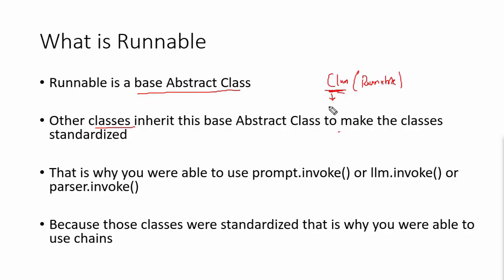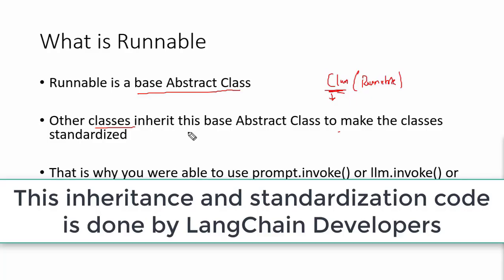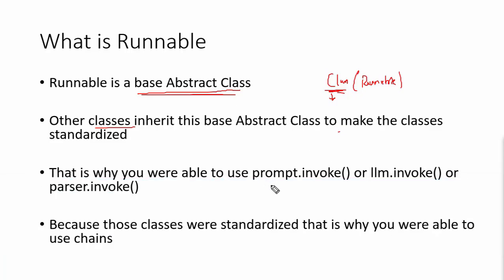All the classes like the prompt template class, the string output parser class, or the ChatOpenAI class have inherited this base abstract class to make them standardized. That is why you were able to use prompt.invoke, llm.invoke, or parser.invoke.